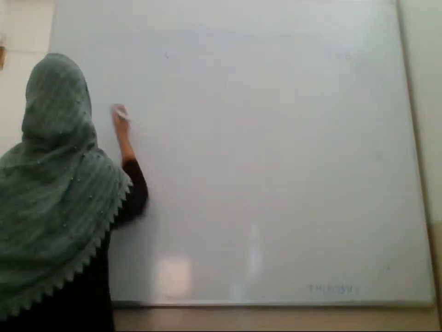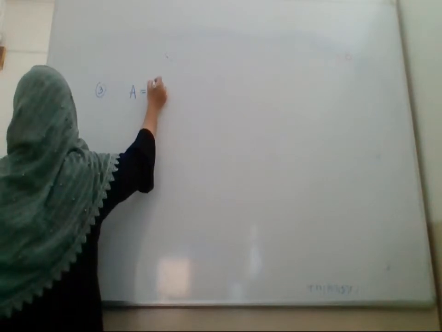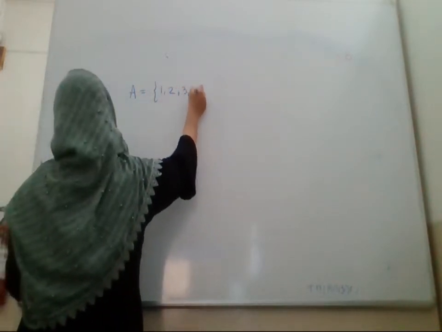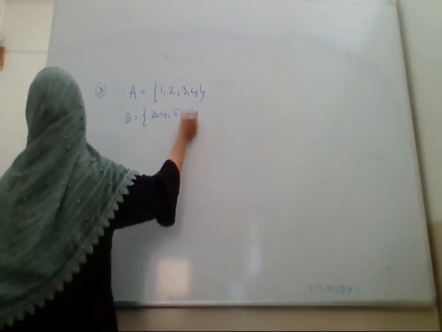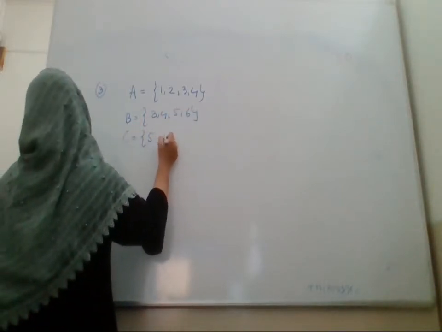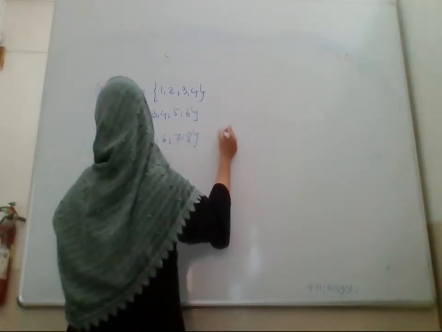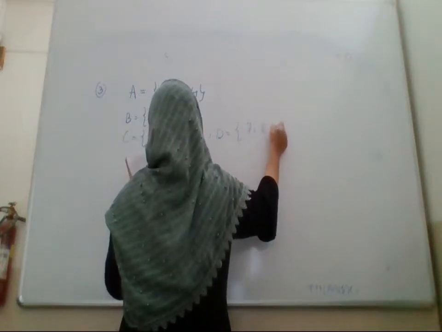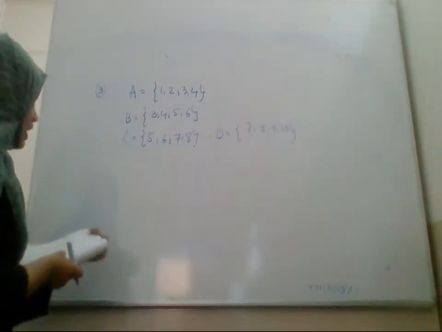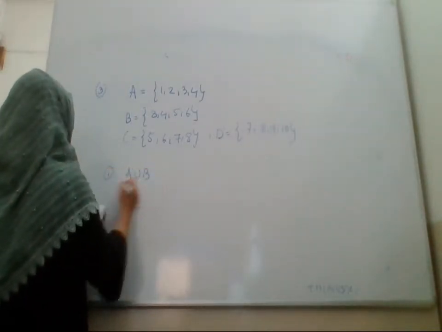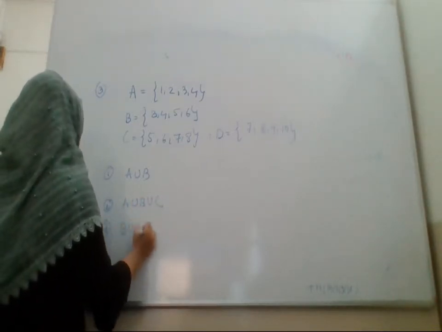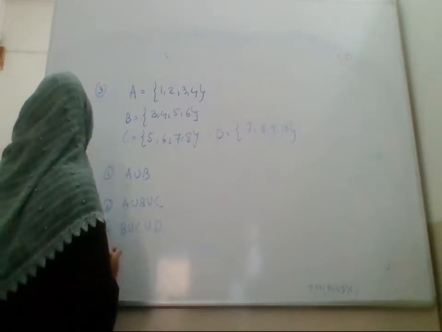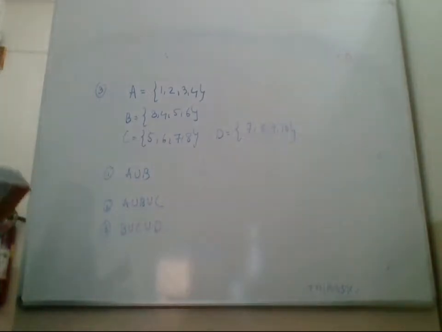The question is: if set A is equal to 1, 2, 3, 4, B is equal to 3, 4, 5, 6, C is equal to 5, 6, 7, 8 and D is equal to 7, 8, 9, 10, then find first A union B, second A union B union C, third B union C union D, and are the sets A, B, C, D equivalent.